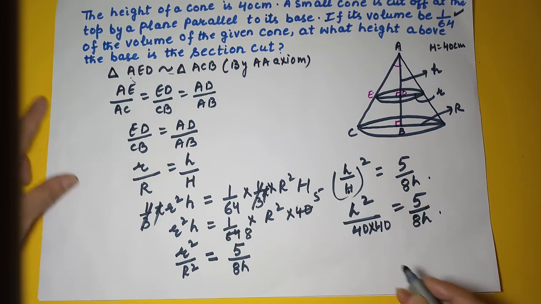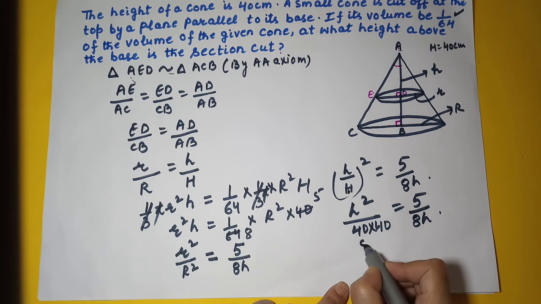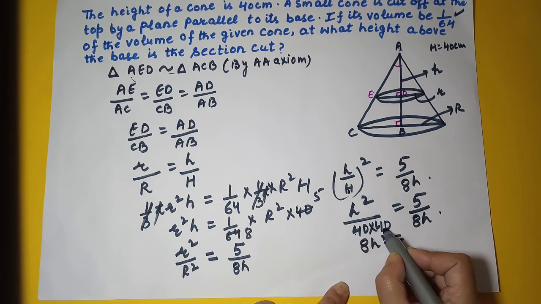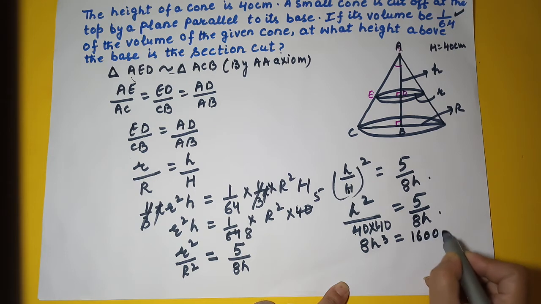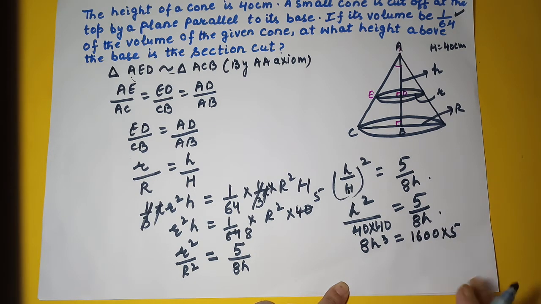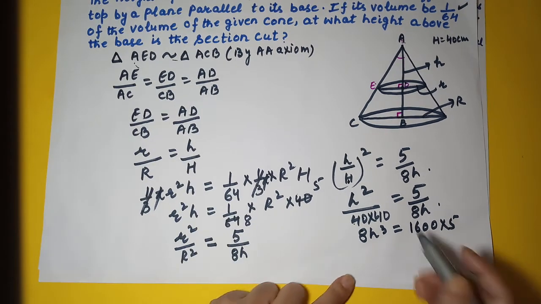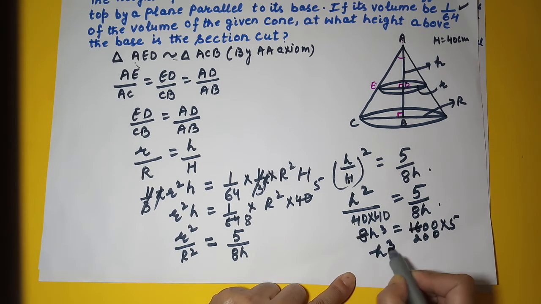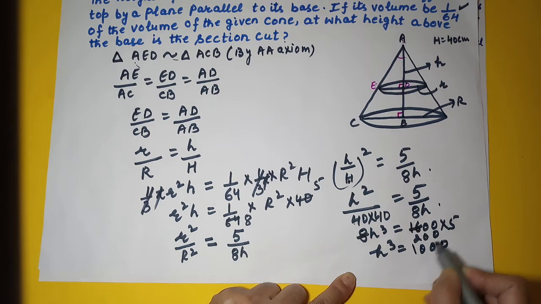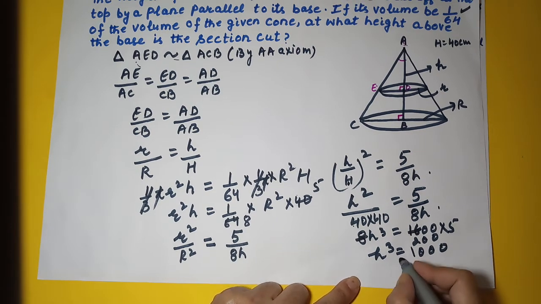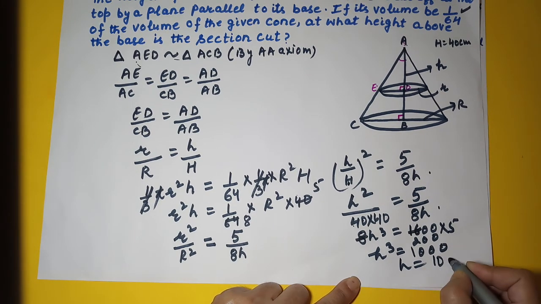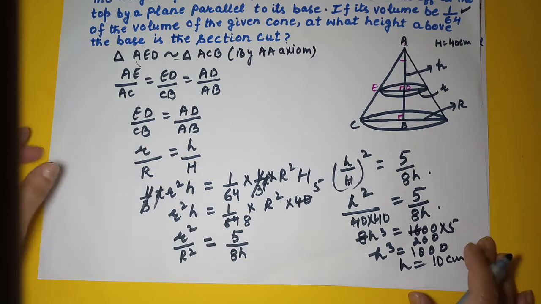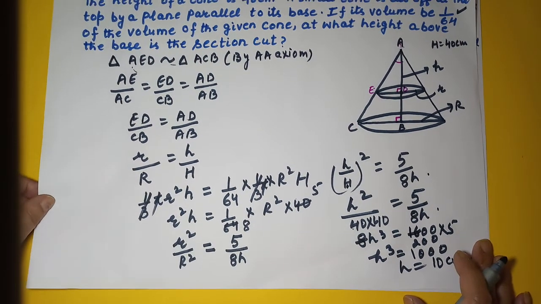So, if I cross multiply, I am getting 8h cube is equal to 16, 1600 into 5, right? So, further 8 2s are 16, so my h cube is equal to 1000. Does it mean that my h is equal to 10? Is it centimeters? Yes, centimeters. Now I got this small h as 10 centimeters.